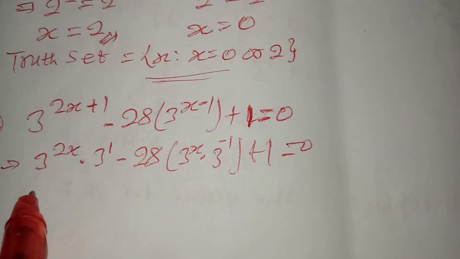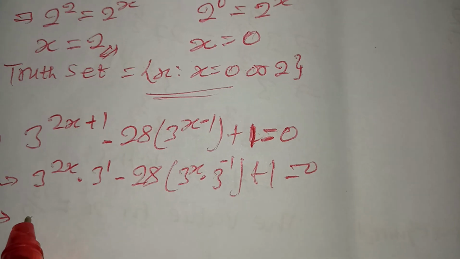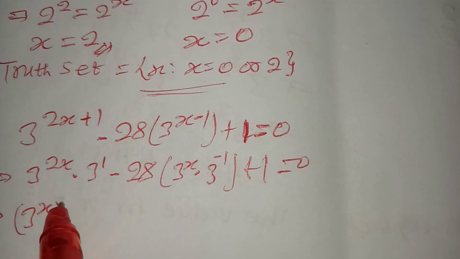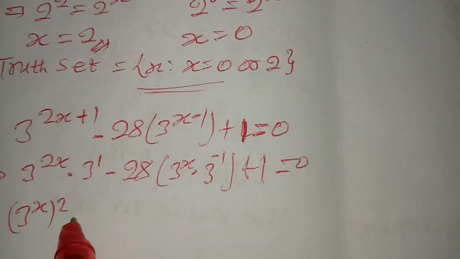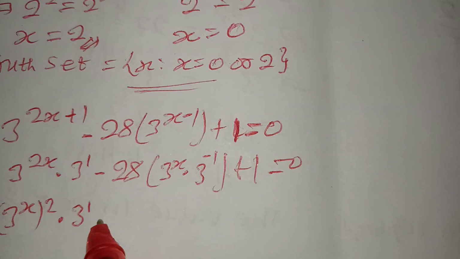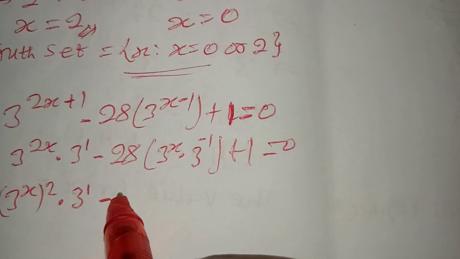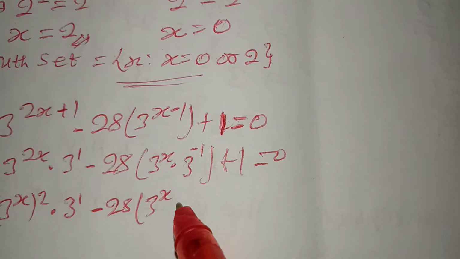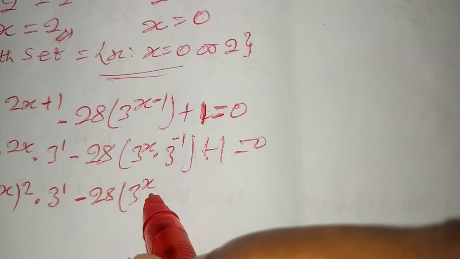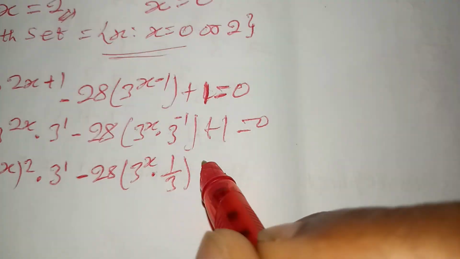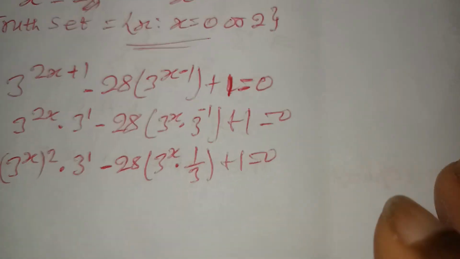So now we can rewrite this as 3 exponent x in parentheses exponent 2 multiplying with 3 exponent 1, minus 28 times 3 exponent x multiplying with 1 over 3, plus 1 equal to 0.